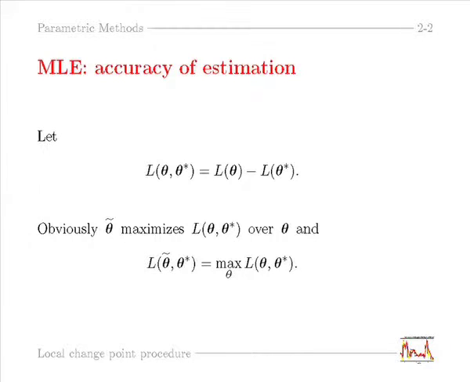This is exactly the same result as in a general parametric framework. It requires some conditions which I don't mention here, but for instance for the GARCH model it applies without any problem, provided that the coefficients are within the ergodicity region.